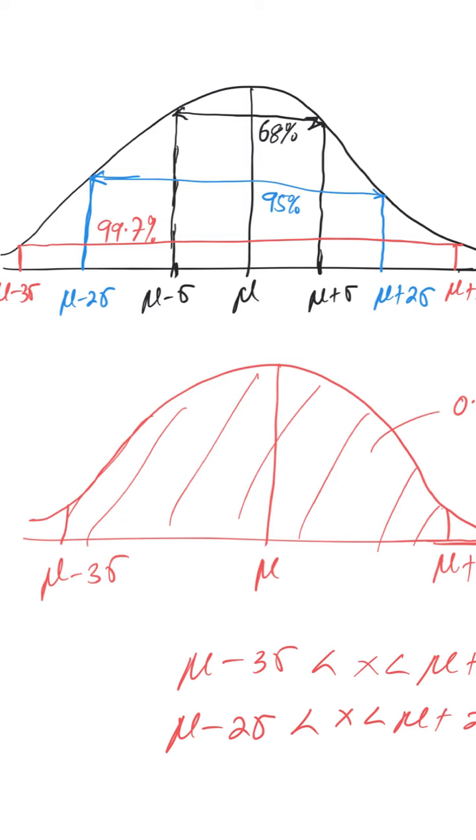So the meaning of within should be interpreted from mu minus up to mu plus. It is symmetric about the mean. If we say within 1 standard deviation of the mean, this is mu minus 1 standard deviation less than x less than mu plus 1 standard deviation.